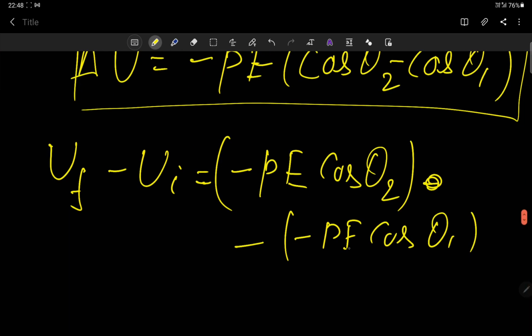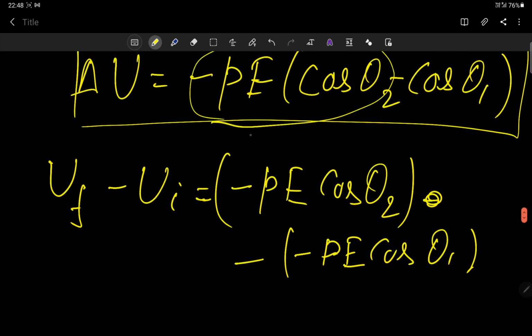What I did is I just simply multiplied. Minus P E cos theta 2, then minus P into minus cos theta 1 is plus P E cos theta 1.